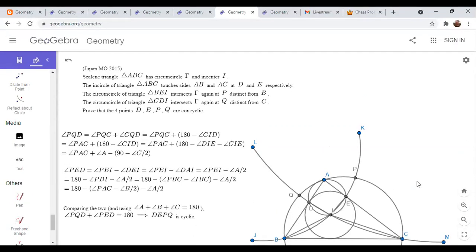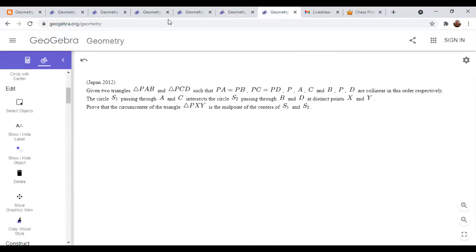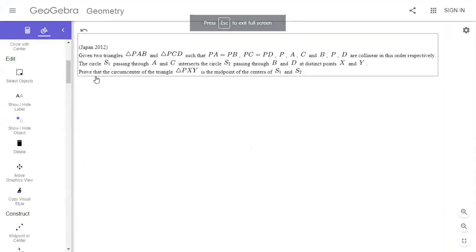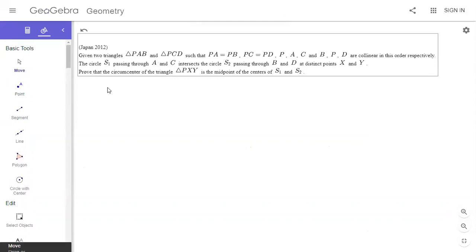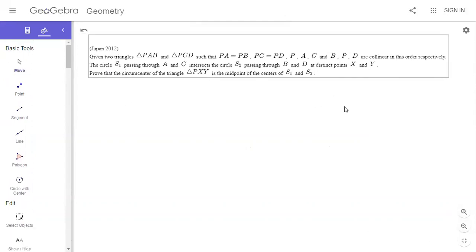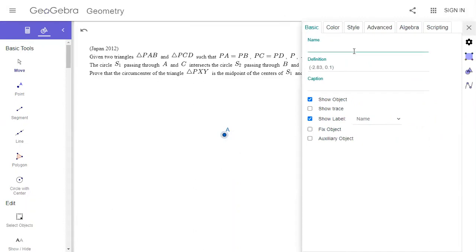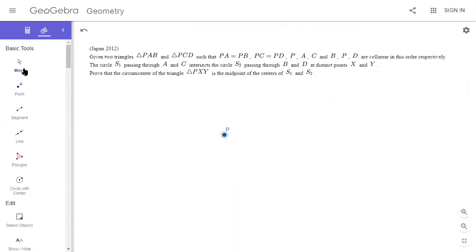This is the last one that I chose, or at least I think it is. And so if we end up solving this one early, then I will look for some more problems. So we have two triangles, PAB and PCD. So I'm going to draw point P. So we have PA is equal to PB.